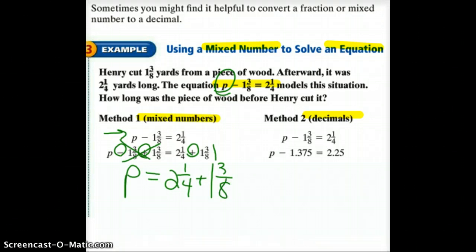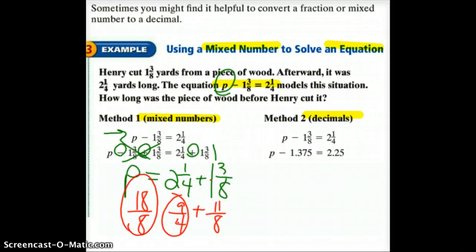Now I'm going to make those improper fractions. 4 times 2 is 8 plus 1 is 9/4. 8 times 1 is 8 plus 3 is 11/8. I need to make these look alike, so I will make this fraction over 8ths. 4 times 2, 9 times 2. So I'm now looking at 18/8 plus 11/8. That's going to be 29/8.